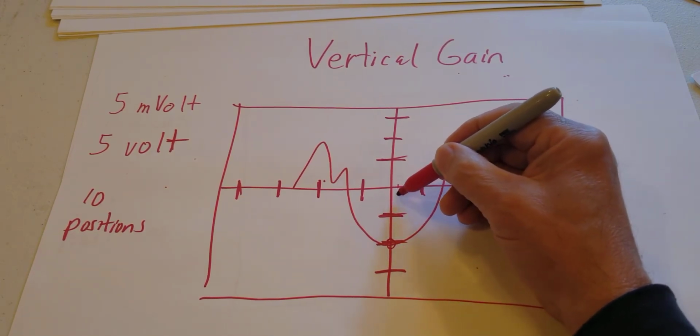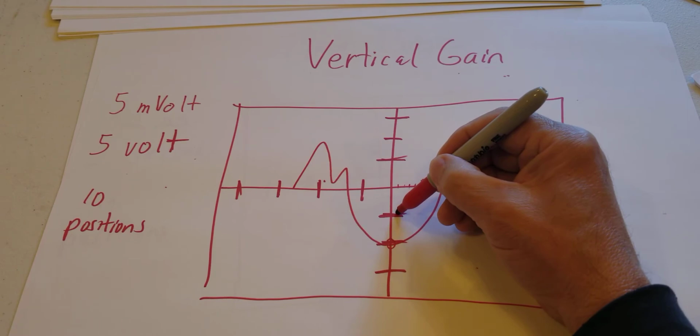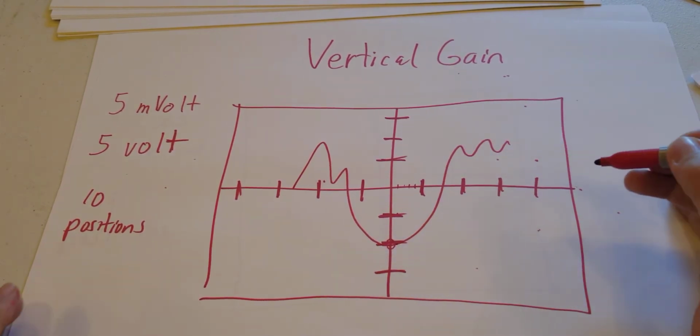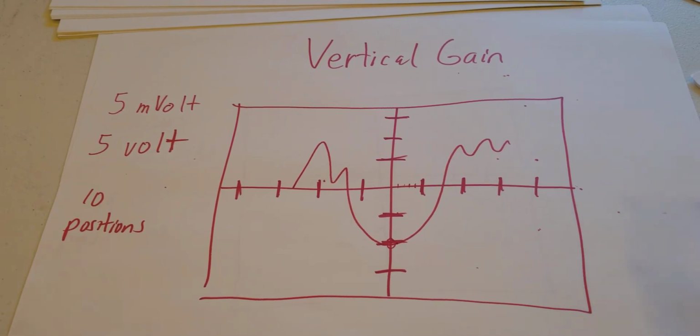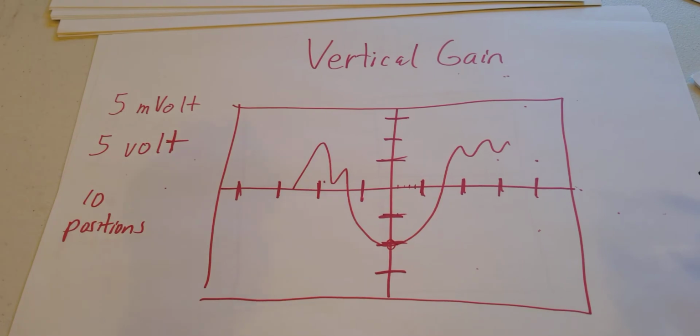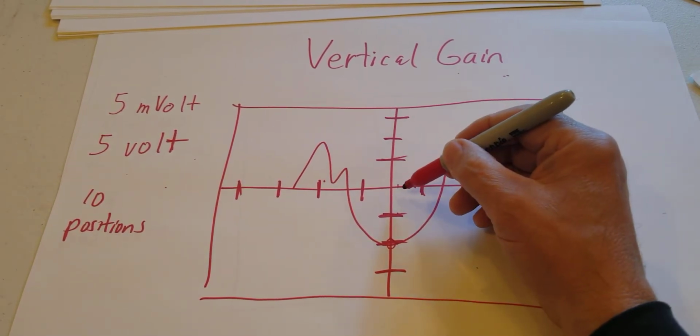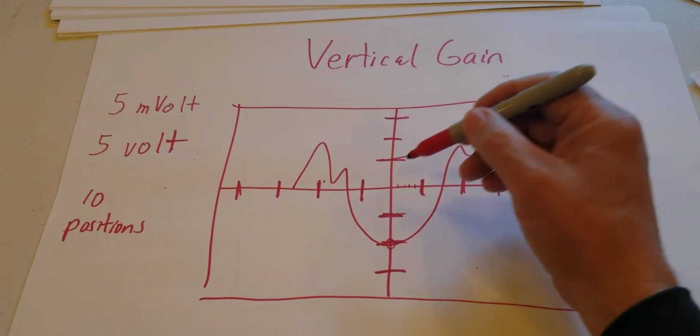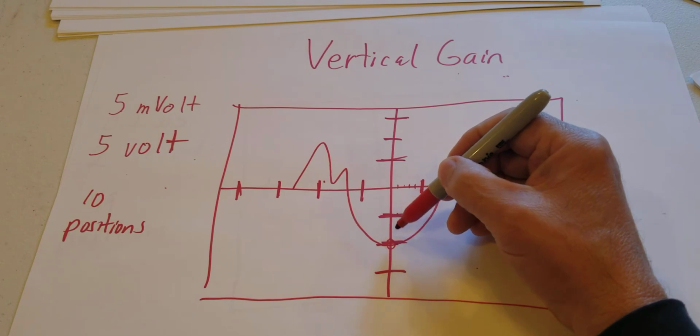If it's 1 volt per division, it'd be -1, -2. So that voltage there would be -2. If I said it was 10 volts per division, if I set the knob, click, click, click, click, 10, that would be -10, -20. If it was 1 millivolt, this would be -1, -2.